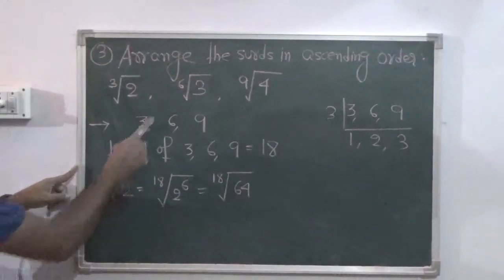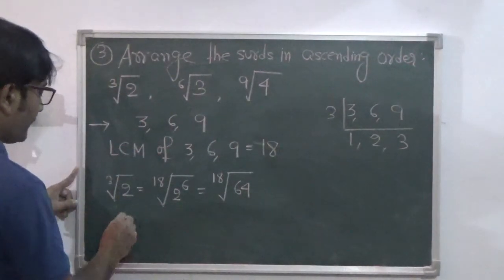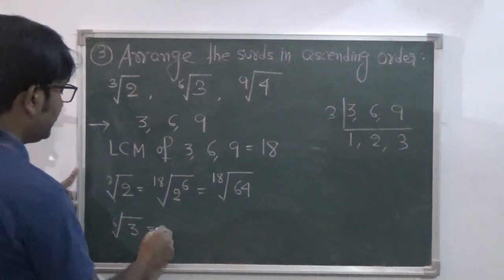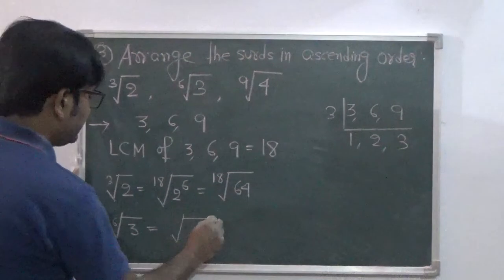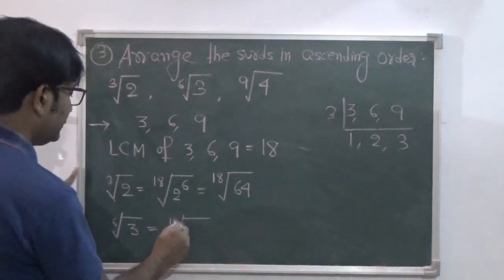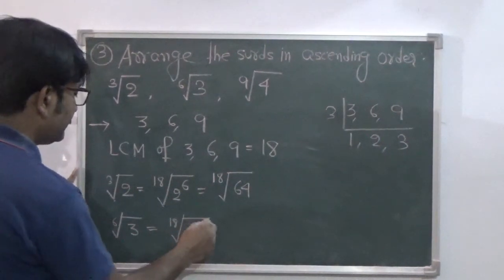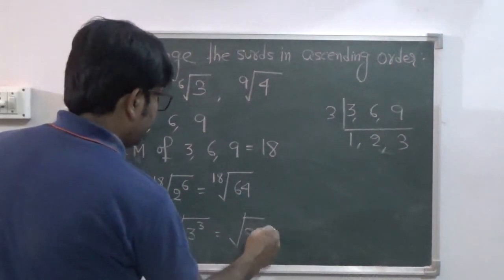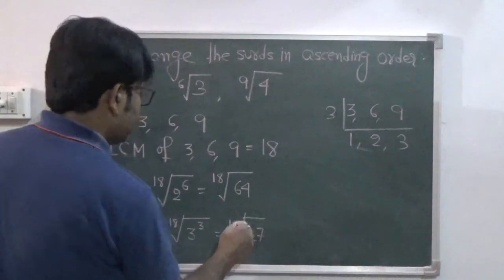Now we come to the second number. This is 3 and the order is 6, so we multiply by 3. 6 into 3 is 18, and this will be 3 power 3. So it is 27 with order 18.